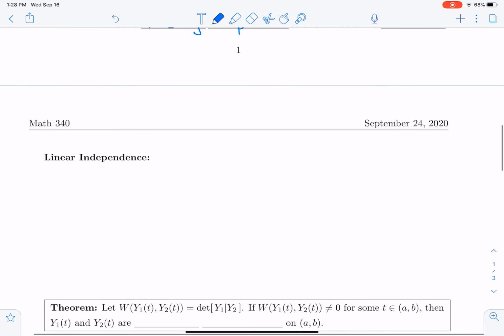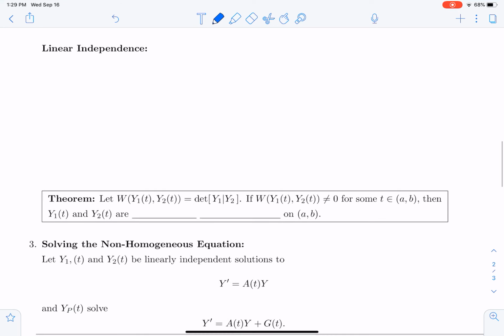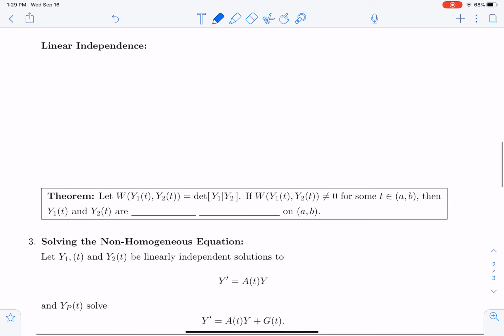So how are we going to show that once we have two solutions that they are linearly independent? Well, it's going to be very similar to what we did with second order differential equations.